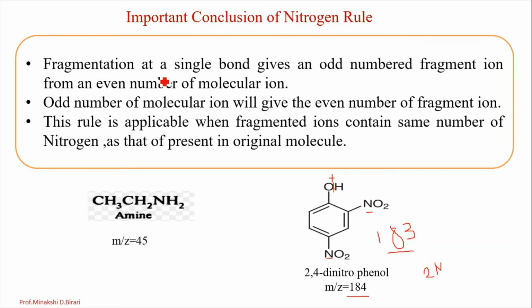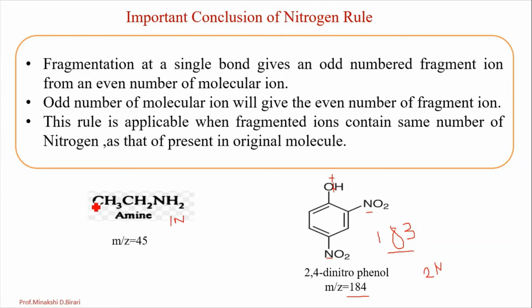The fragmentation occurs at a single bond, and that gives an odd numbered fragment ion from an even numbered molecular ion. Now let us see another example, ethylamine, CH3CH2NH2, having the observed peak at m/z value 45. So the mass is 45, which is an odd number, and only one nitrogen is present in this ethylamine.